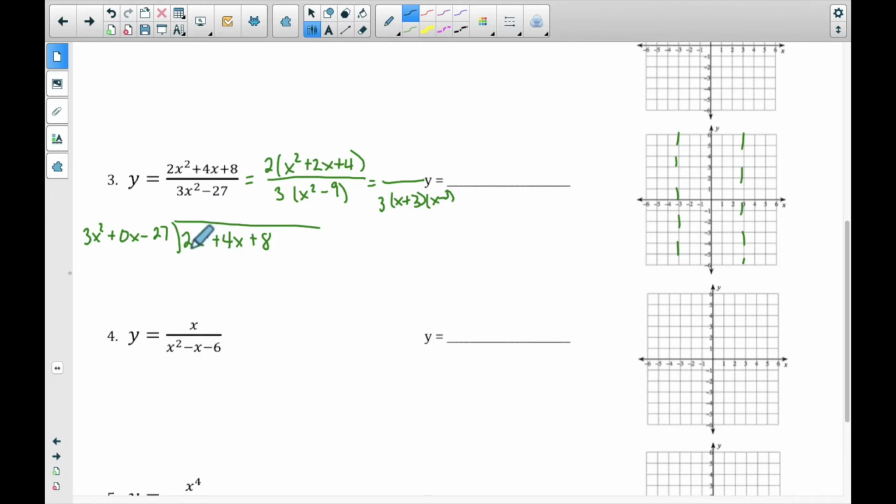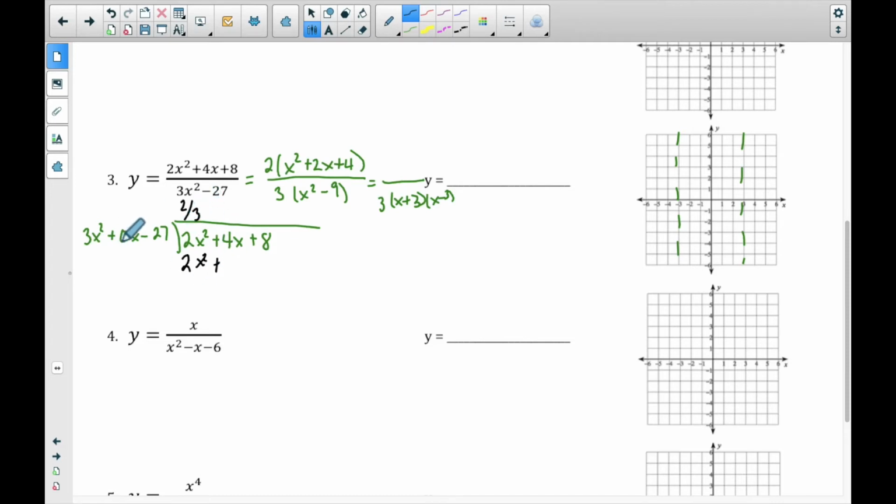Or in other words, another way to say that is 3x squared times what would give me 2x squared? And that's kind of a strange question because the answer is a fraction. And it's a fraction without an x, right? It's just 2/3. Because if I took 2/3 times 3x squared, my 3's would cancel, I would get 2x squared.